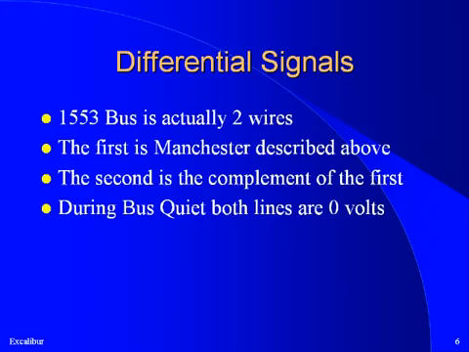The signals described above assume that a single wire is used for 1553 communications. Actually, 1553 uses what is called a twisted shielded pair of wires. One wire, let's call it bus A, looks as described. The second wire, call it A prime, is exactly the reverse. Where A is at plus 3.75 volts, A prime will be minus 3.75 volts.